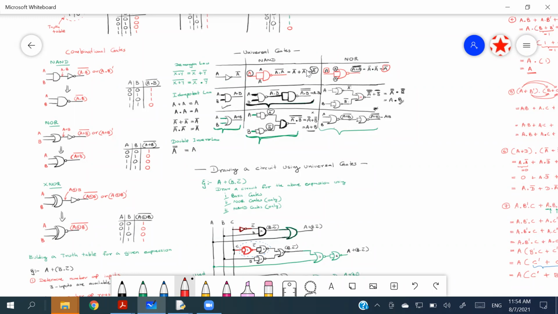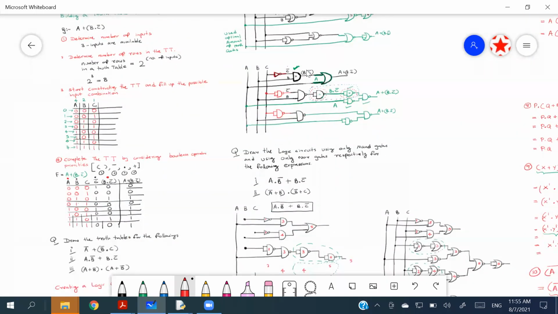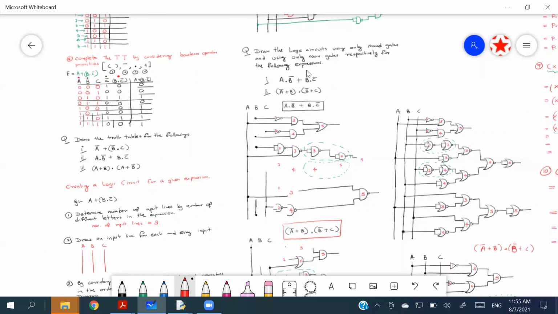Then we talked about drawing a truth table for a given expression, and the other side of it, once the expression is given, how the circuit is created. And we talked about how we are going to map that circuit, which is drawn with the basic gates, into the universal gates. So we know universal gates are the NANDs and NORs. If some expression is given, we know how to draw it using the NANDs and NORs, right?